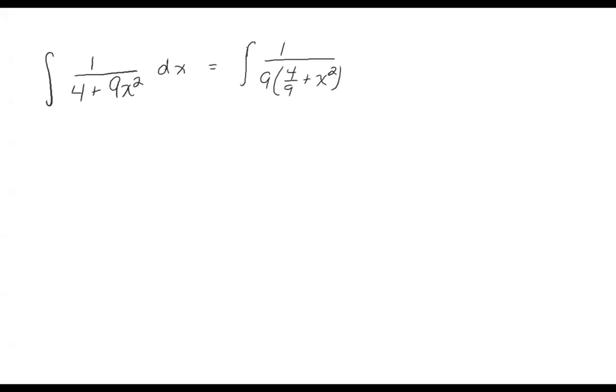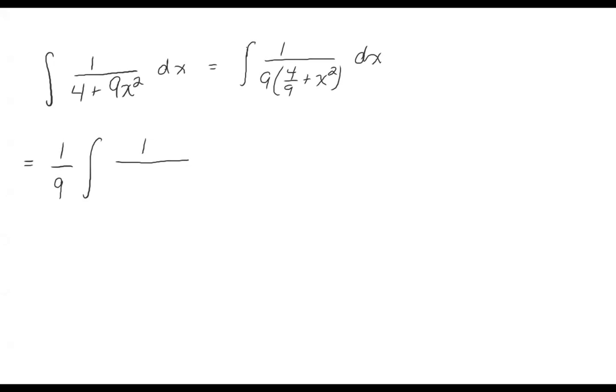So I'm gonna go with your choice, Gabe. You said you want to factor out a 9. Right, so you'll get 9 times 4 over 9 plus x squared. Okay, I buy that. So then you have 1/9 times the integral.